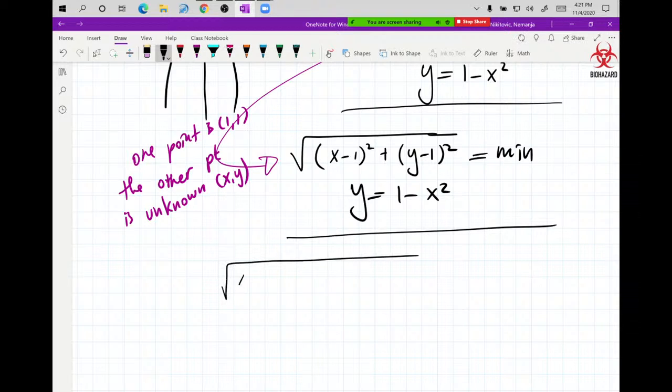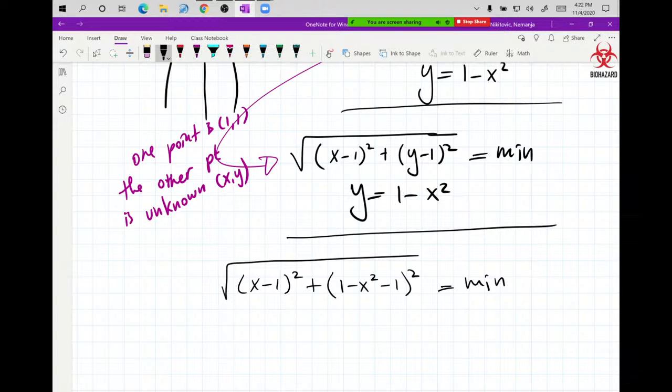So square root of (x minus 1) squared plus, and instead of y, (1 minus x squared minus 1) squared equals a minimum. So here's my y minus 1 that used to be y minus 1, and now it's just 1 minus x squared minus 1.